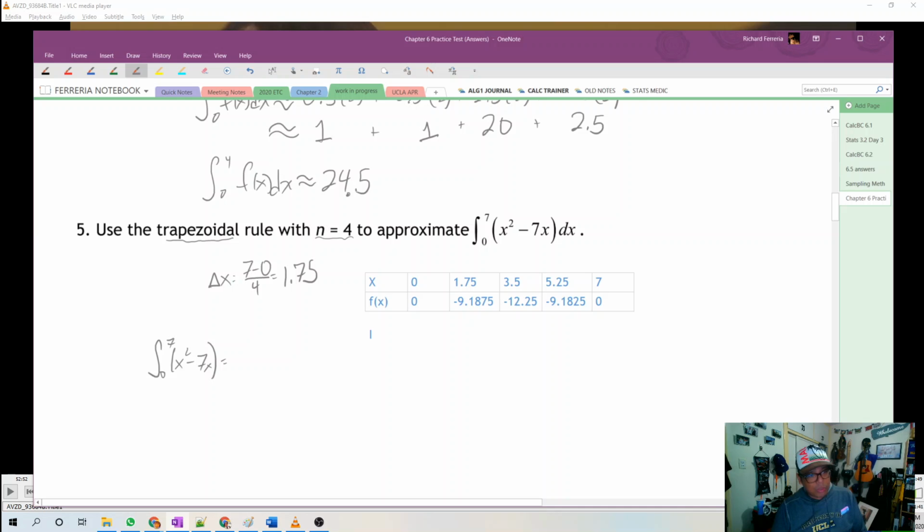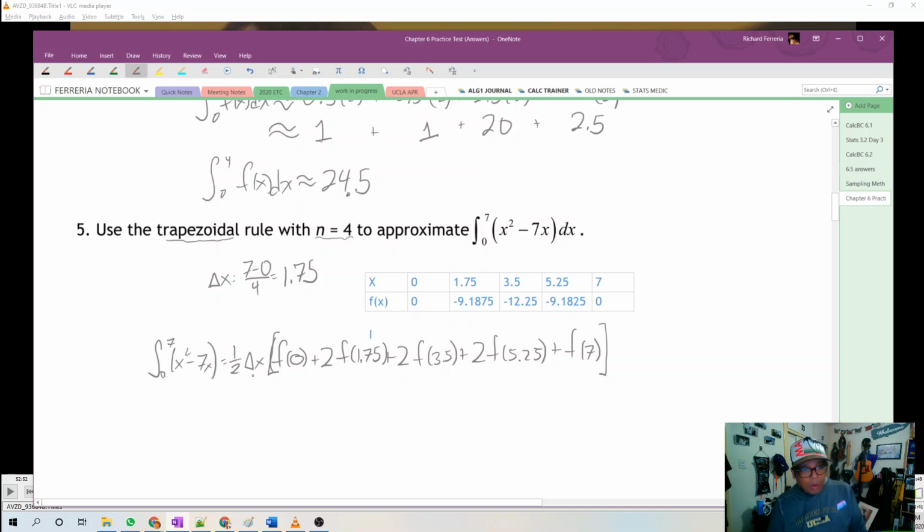That's going to be equal to 1/2 delta x times f of 0 plus 2 times f of 1.75 plus 2 times f of 3.5 plus 2 times f of 5.25 plus f of 7. Okay, so again, that's the trapezoidal formula. We've talked about what the main distinctions are and how to memorize it.